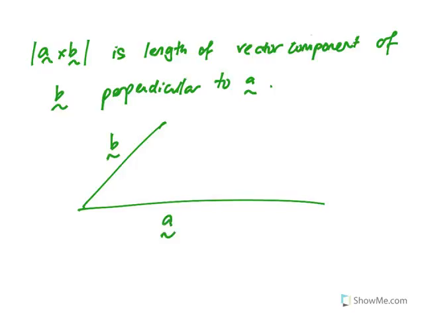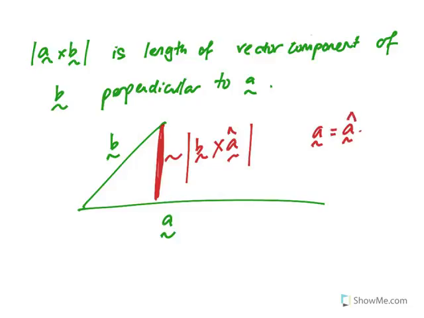Usually this portion here, this length, what do we call it? B times A hat, right? We are finding the length, so we take the mod of this. In our question here, A is equal to A hat.